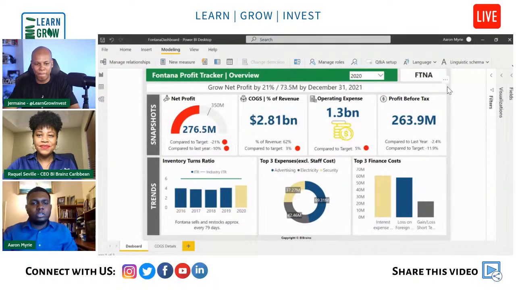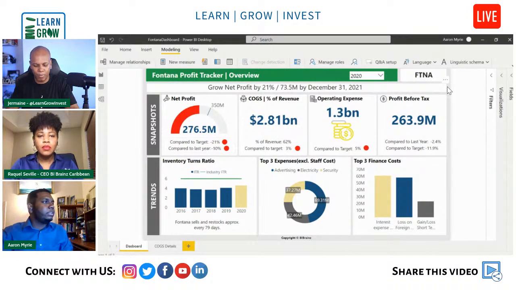Yeah, so you're currently looking at Fontana's profit tracker. This basically tracks the profit for Fontana. The goal we defined is growing net profit by 21%, or 73.5 million, by the end of 2021.